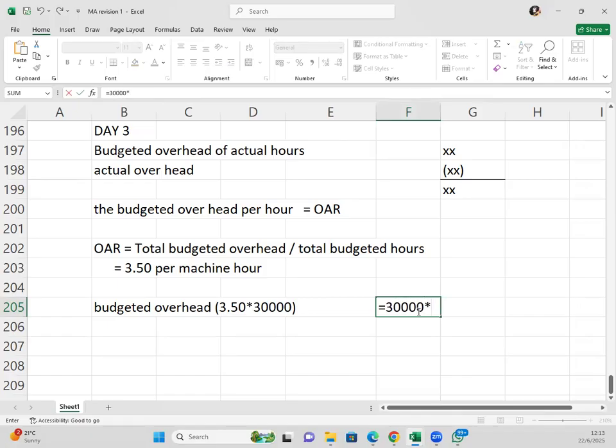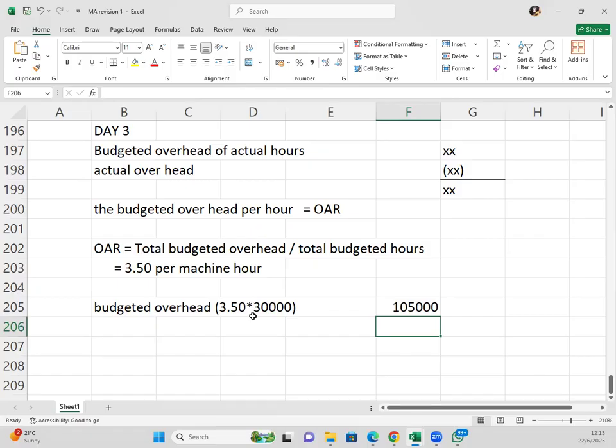So you are not using the budgeted hours, but we are using the actual hours. When finding the OAR you use the budgeted hours. But when you want the budgeted overhead, you use the OAR times the actual hours that have been used.